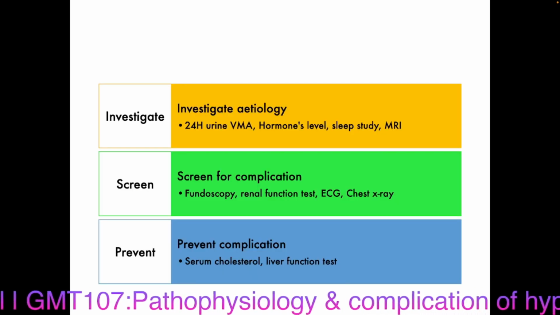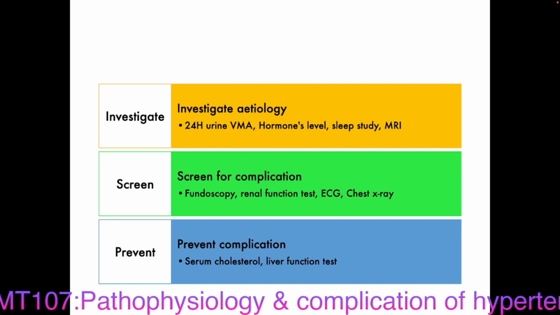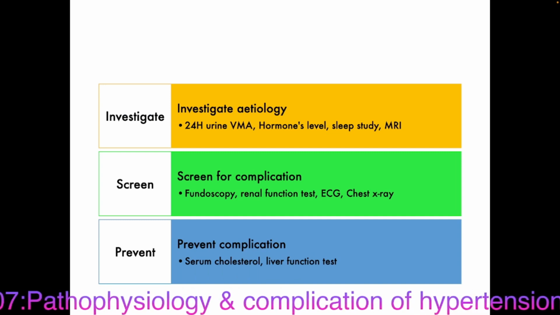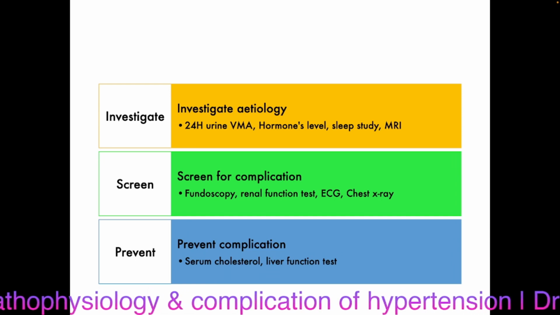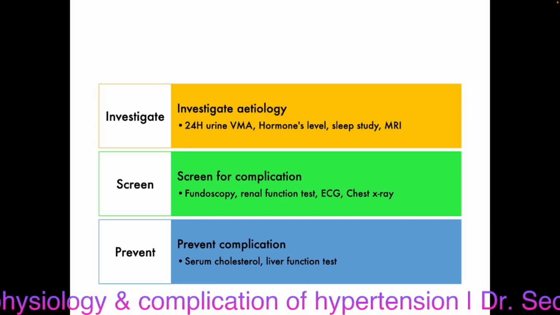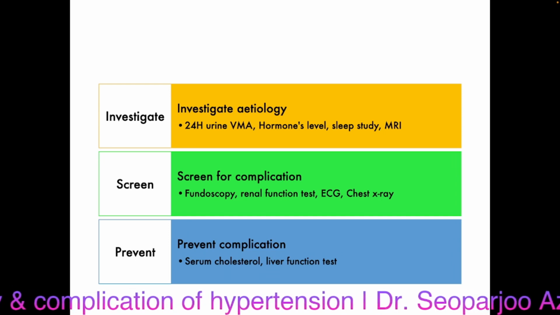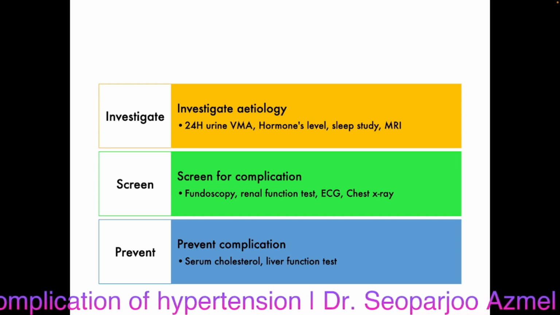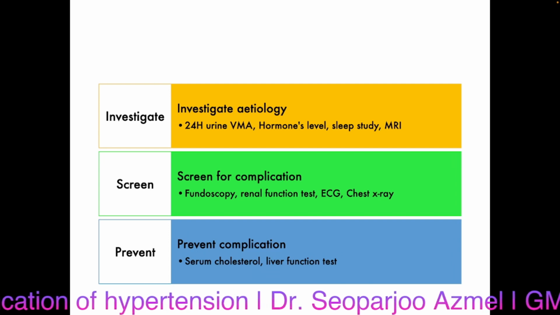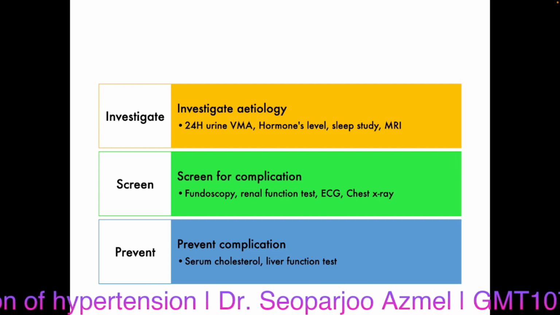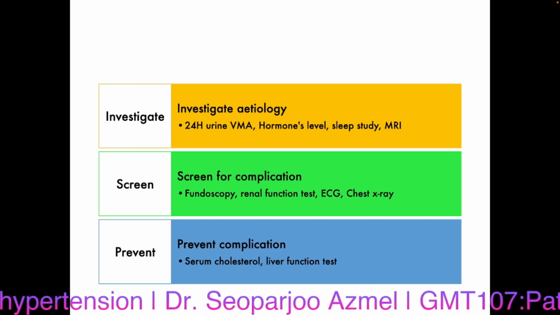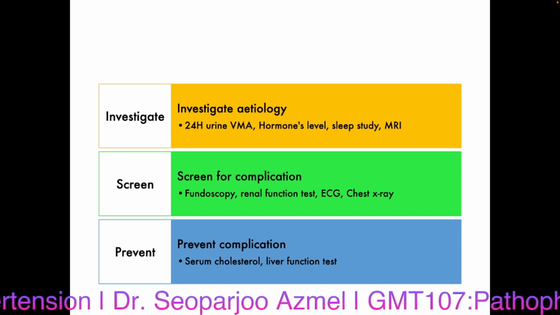To investigate the cause of hypertension, some examples of tests that can be done are 24-hour urine VMA, hormone levels, sleep study, and also MRI. Urine VMA is usually done to detect pheochromocytoma. Hormone levels are to see the levels of hormones, for example thyroid.